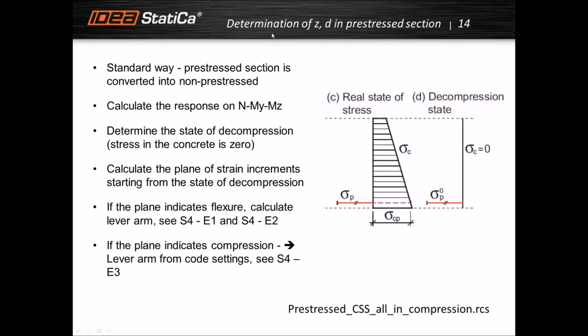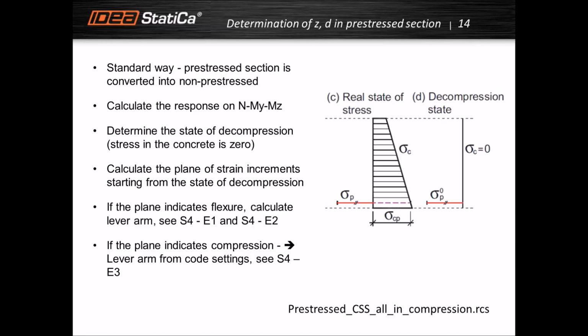I would like to explain the way of determination of these parameters in a pre-stressed section in our program. You saw it in the example, but let me explain the theory a bit. First of all, we want to do it in a standard way.